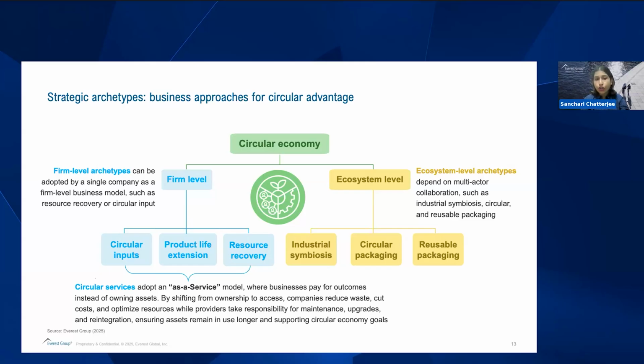These models overall not only reduce waste, but also create recurring revenue and customer stickiness. If firm level models are great for getting started, ecosystem level partnerships are what truly scale the impact. So let's now delve deeper into the first one, circular inputs, where the transformation actually begins. If we could go to the next slide.